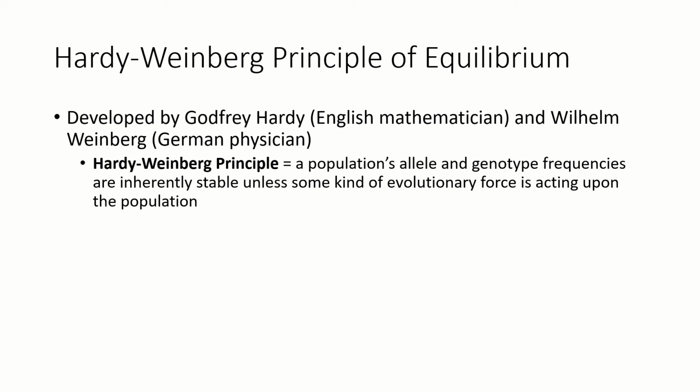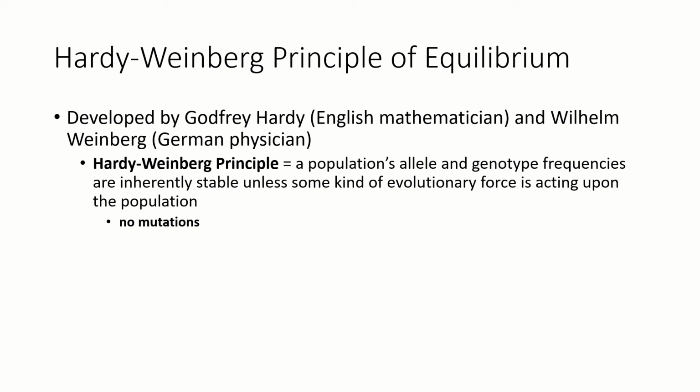And we call this the Hardy-Weinberg Principle of Equilibrium, which says that a population's allele and genotype frequencies are stable unless there is an evolutionary force acting on the population. So if there's no selection happening, then the frequencies are going to stay the same.